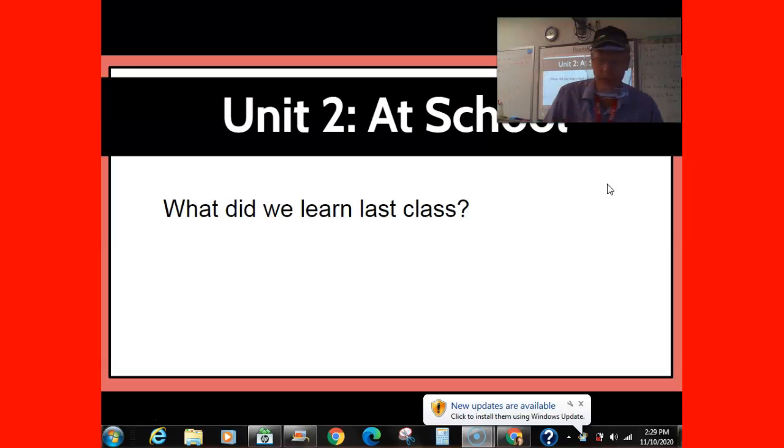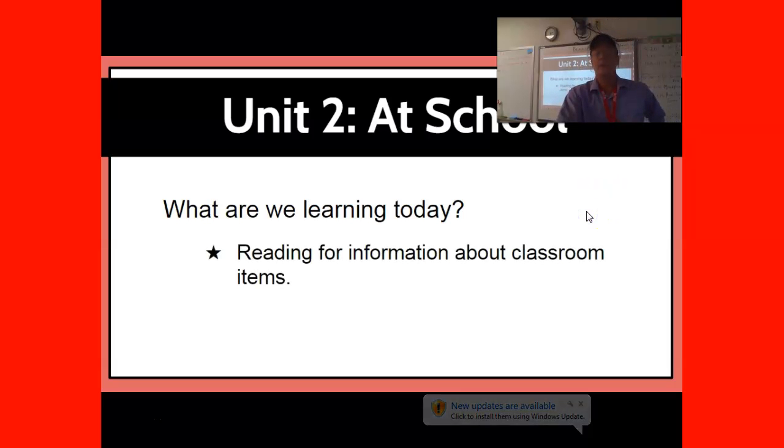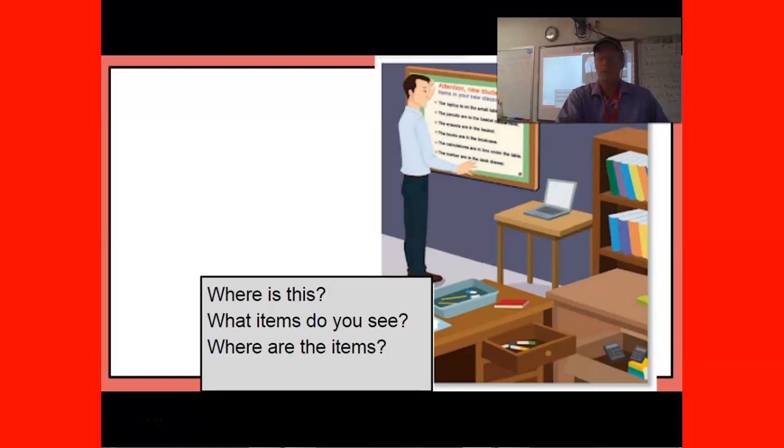Now, in today's lesson, what are we going to learn? We're going to talk about reading for information about class items. So this is a reading lesson. Okay? So, for example, where is this? Do you see the picture? Where is this?